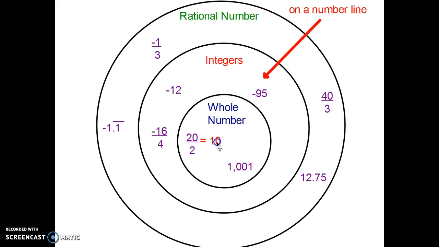So just like you're in Northbrook Middle School in Miss Nicholas's class, you are still a student in Spring Branch ISD. So that's like that first line. So the most specific name for 10 would be whole number, but it is also an integer and a rational number. So go ahead and move on to the next question.